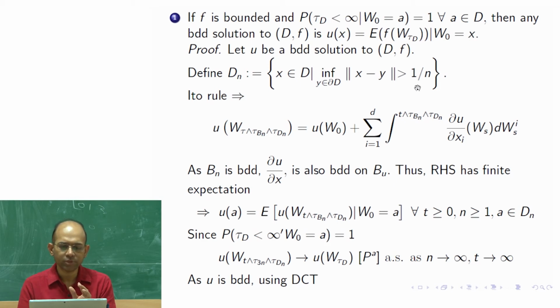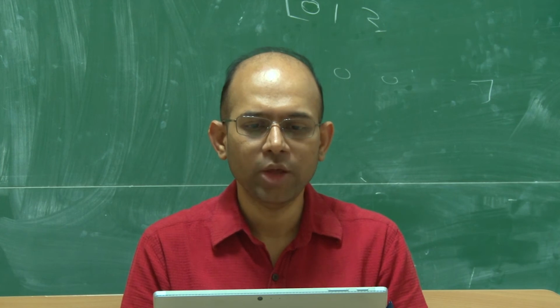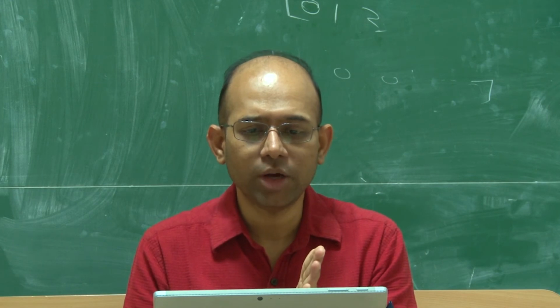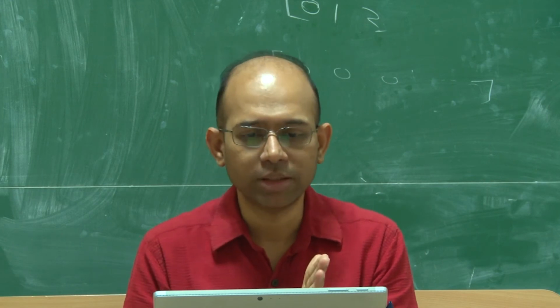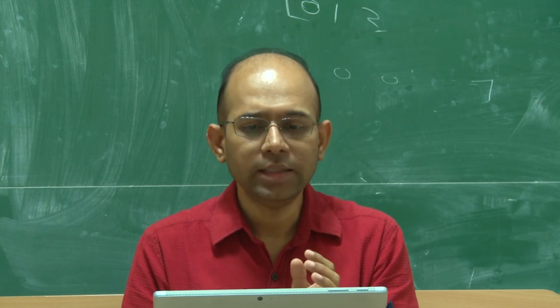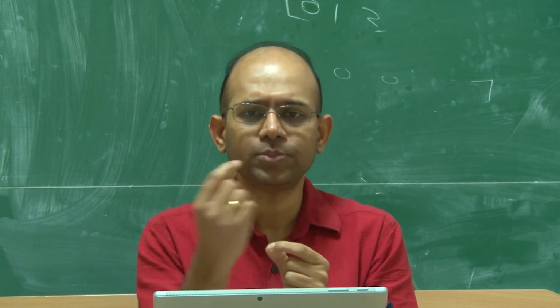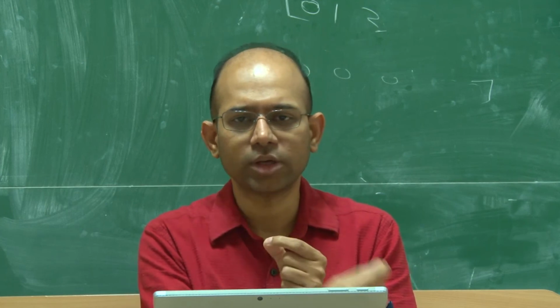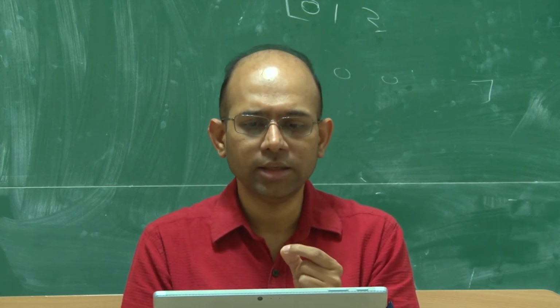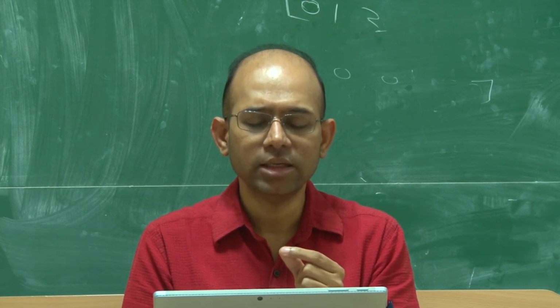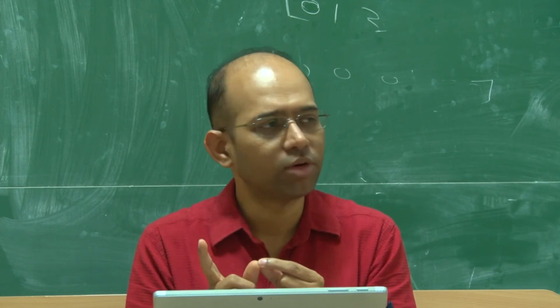So we are going to get the complement of a strip. If I choose y on the boundary of the domain, then given x, I look at all possible y on the boundary and keep only those x such that the minimum distance is more than 1 over n.